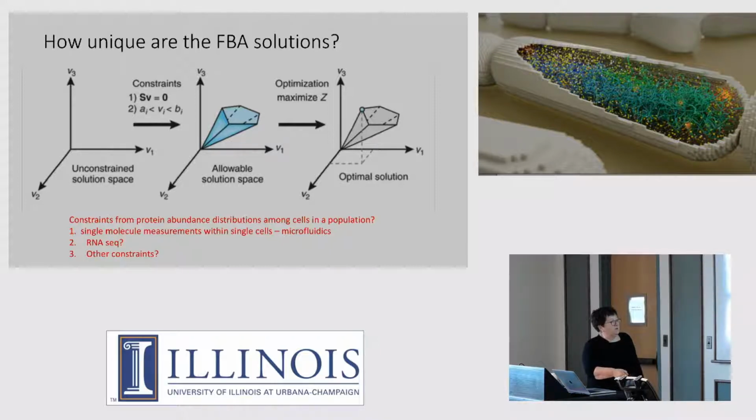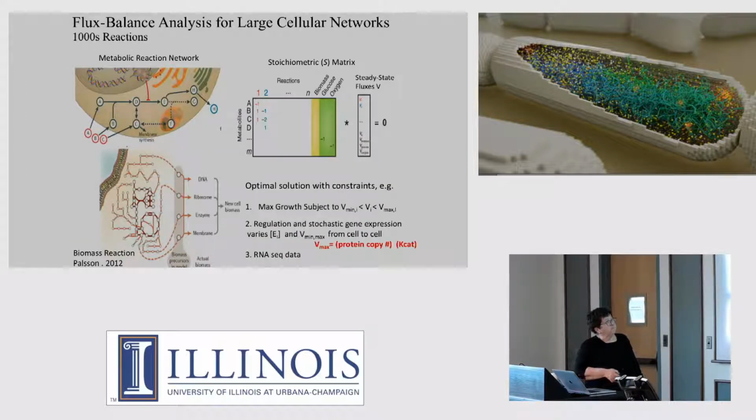Well, if you have single molecule measurements, maybe you have microfluidics, maybe you have proteomics, put that in there. Do I know something about the RNA-seq? You might. And then you might be so bold as to try and infer protein amounts from RNA-seq information. Cautiously, but you can do it. So there are other constraints that you can use. Most of the time, people use proteomics constraints.